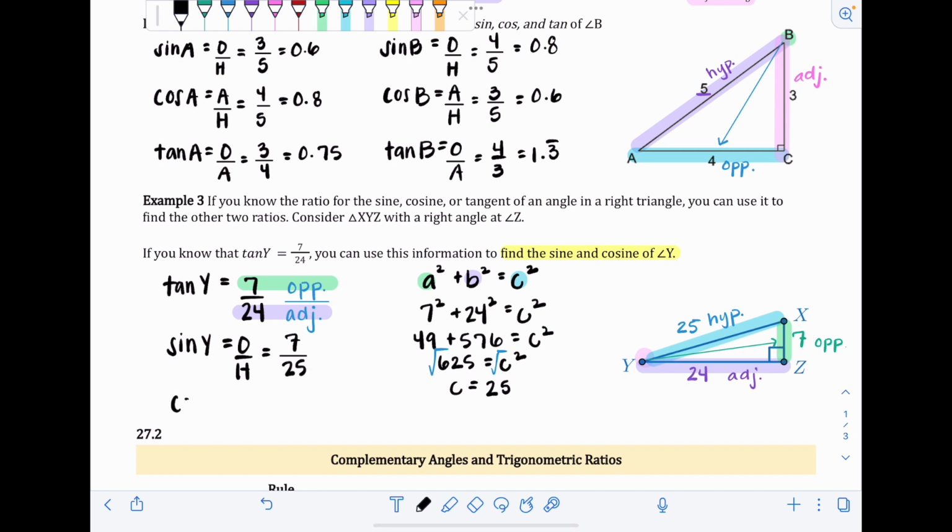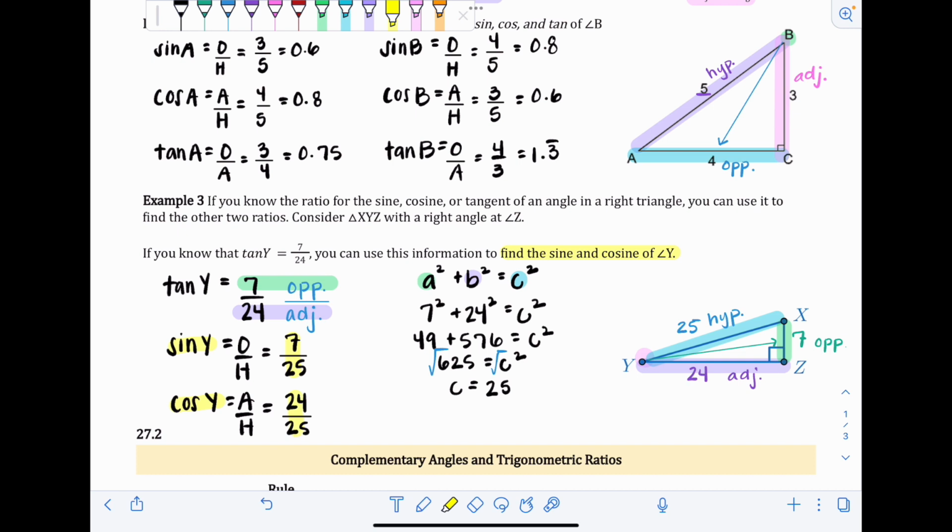And then cosine of y is adjacent over hypotenuse, which the adjacent side is 24, over the hypotenuse, which is 25. So sine of y is 7 over 25. Cosine of y is 24 over 25.